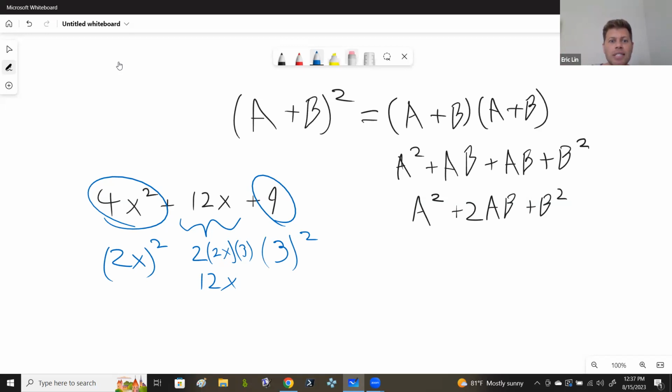So because I identified the things that were squared, 2x and 3, based on what I have found here, this must be 2x plus 3 squared.